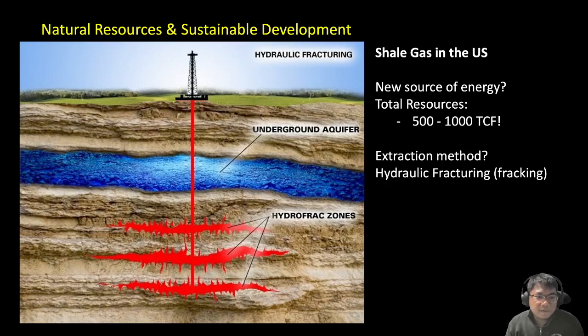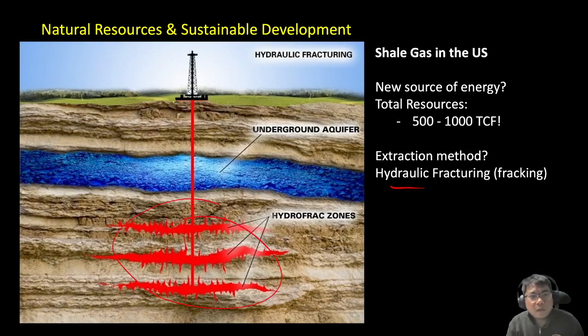However, this type of natural resource requires a special method in order to extract the gas from the ground. This special method is called hydraulic fracturing, or people would just call it fracking. It is a method to generate artificial fractures within the rocks at depth.